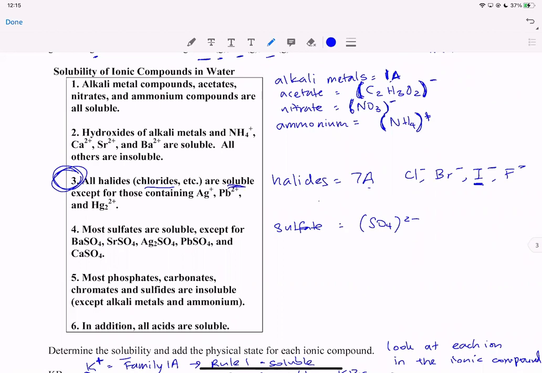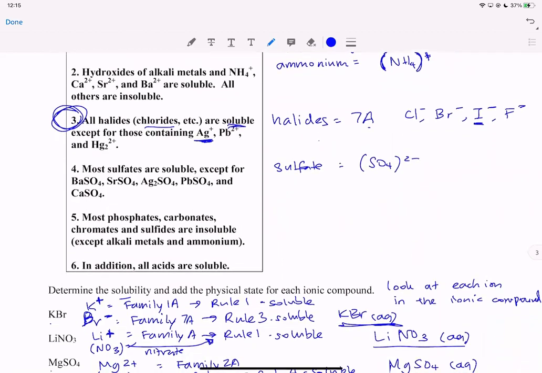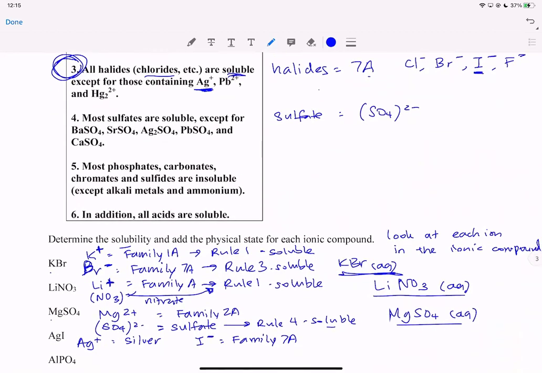So these are soluble except for those containing Ag, Pb plus 2, and the mercury ion. So this is family 7A, but it is an exception, because it has the silver ion. See that silver ion that's there? Well, it's not soluble.